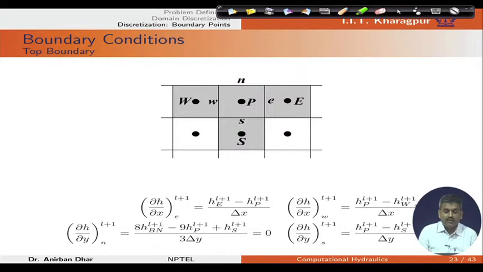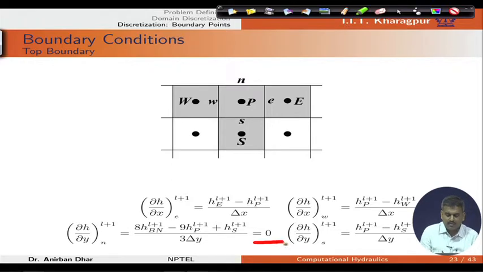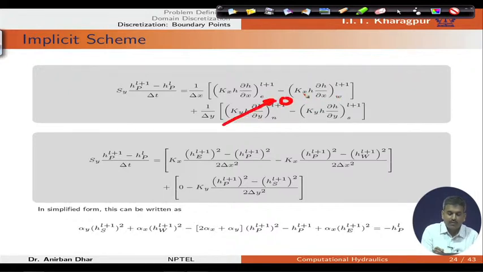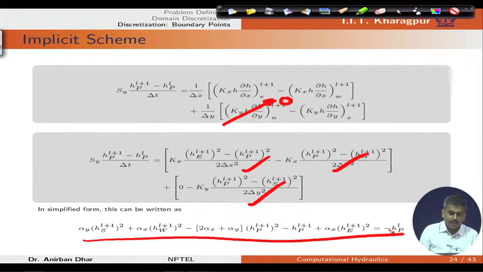Now, if we consider our top boundary, again this point is important, because we need to apply this 0 condition on the derivative, and if we apply this condition, obviously in this case on the northern boundary this is 0, and as we are considering other derivatives similar to interior points, these are exactly the same as interior points, and we will get like this.